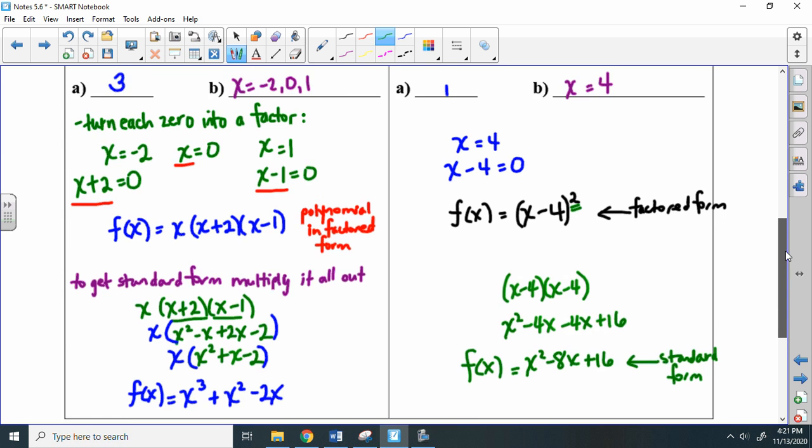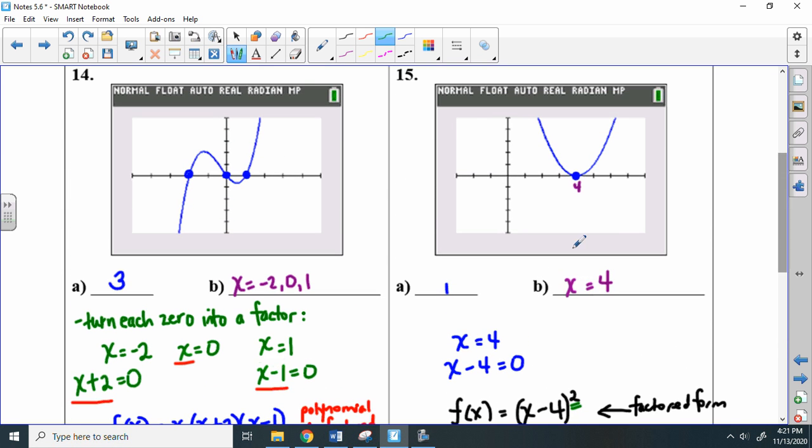You can see that for all of these over here, there were 3 different factors, or zeros, and when we multiplied them together, we got a cubic function. Each one of them actually crossed through the x-axis.